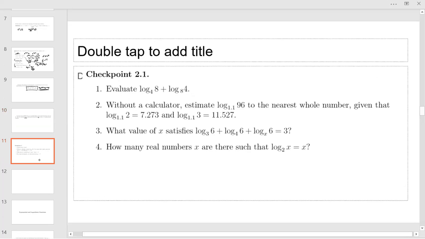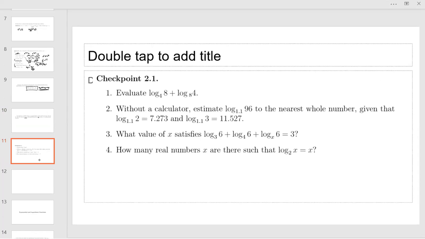So now you guys can try to checkpoint using the properties we just discussed.